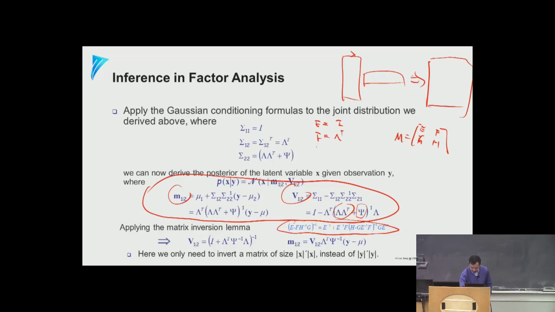And we have the G correspond to lambda. And we have the H correspond to psi, right? Okay. And if you look at the term in here, and the right-hand side of this matrix inversion lemma, you see almost one-to-one correspondence.